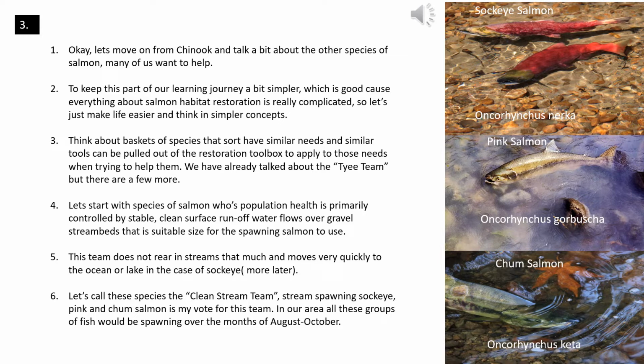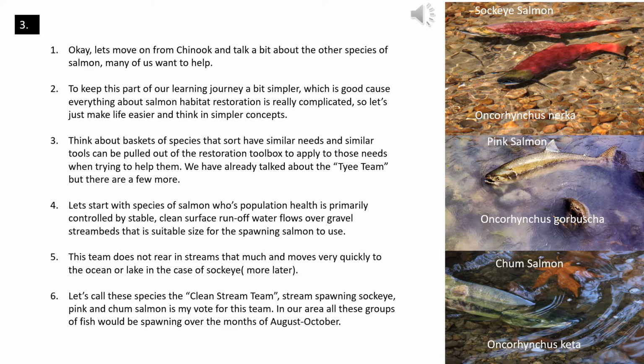So the types of fish again are stream spawning sockeye, pink salmon, chum salmon. And this is an important part: they spawn generally starting as early as August for some of them, maybe as late as mid-October. Most of them spawn mid to late September through October, but yes, there are ones at the beginning and the end. So that's their timing.